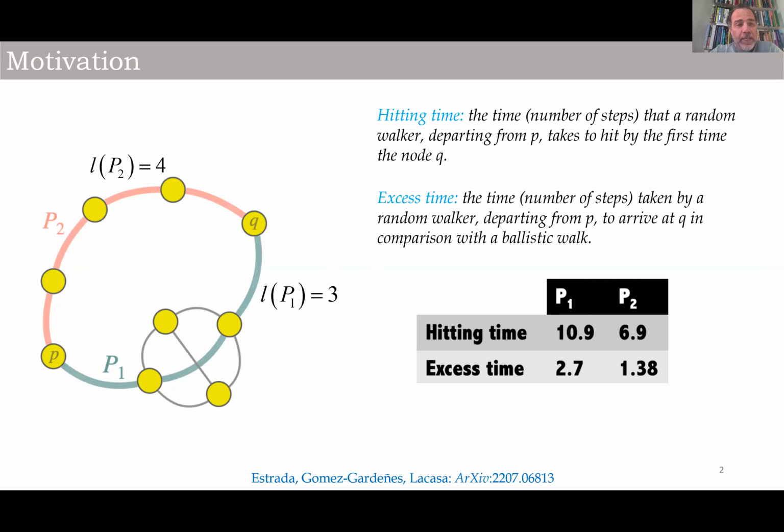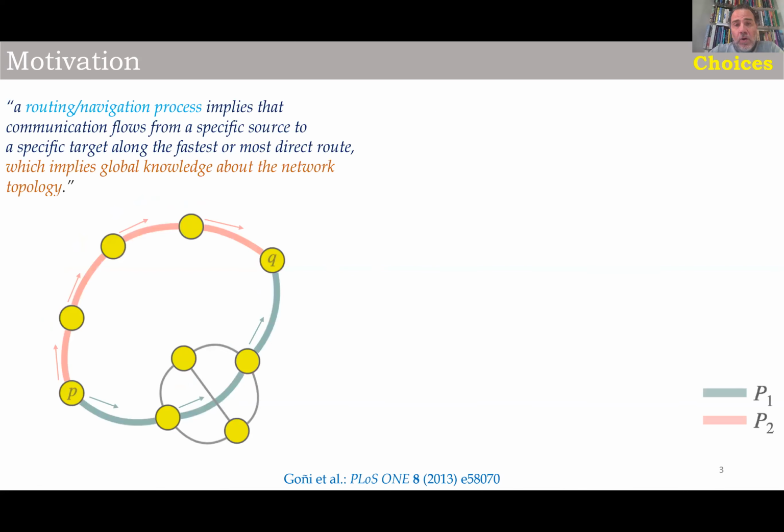We are not taking a random walker that is directed by this shortest path, but one that is moving in a diffusive way around this particular network. We can understand, and this is from a paper by Goñi et al., which is mainly related to problems in brain navigability, that we can have two different kinds of navigability in a network.